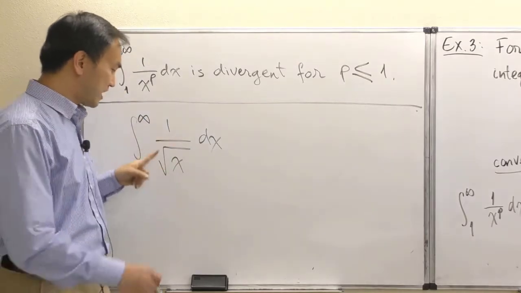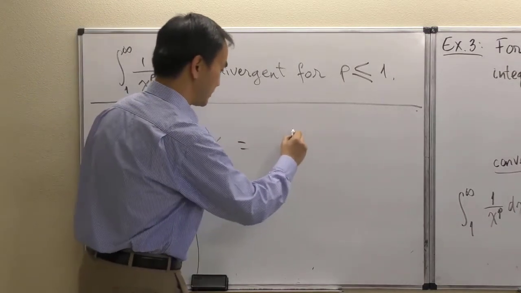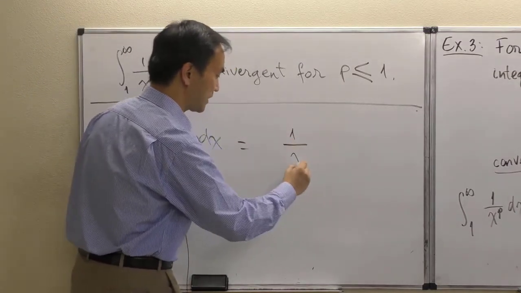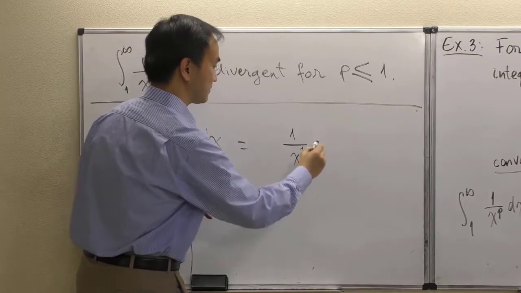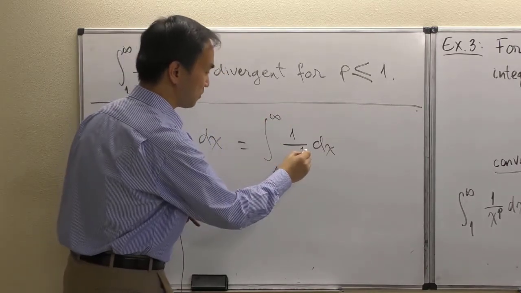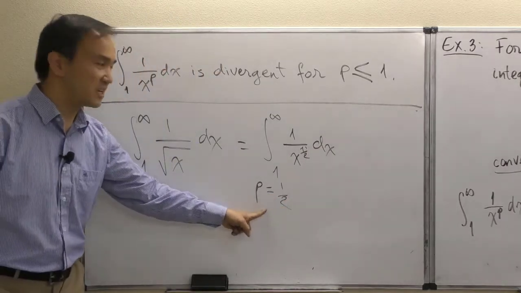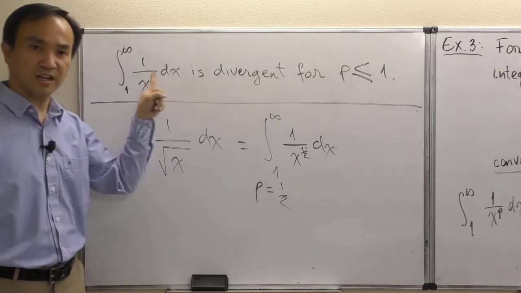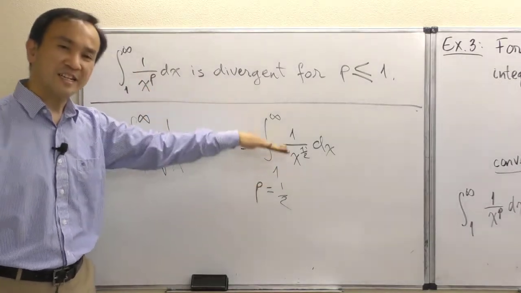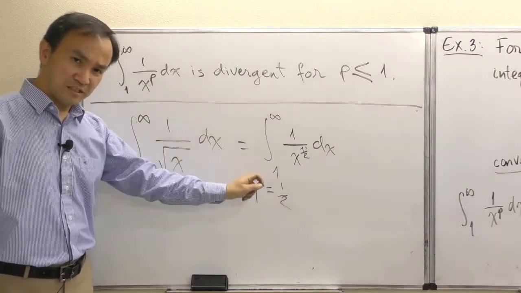Because what I recognize is that the function itself is 1 over x to the 1/2, in a complete integral from 1 to infinity. So p in this case is 1/2, and that value of p falls into the case where the integral will be divergent. That's how I know immediately that this integral will diverge.